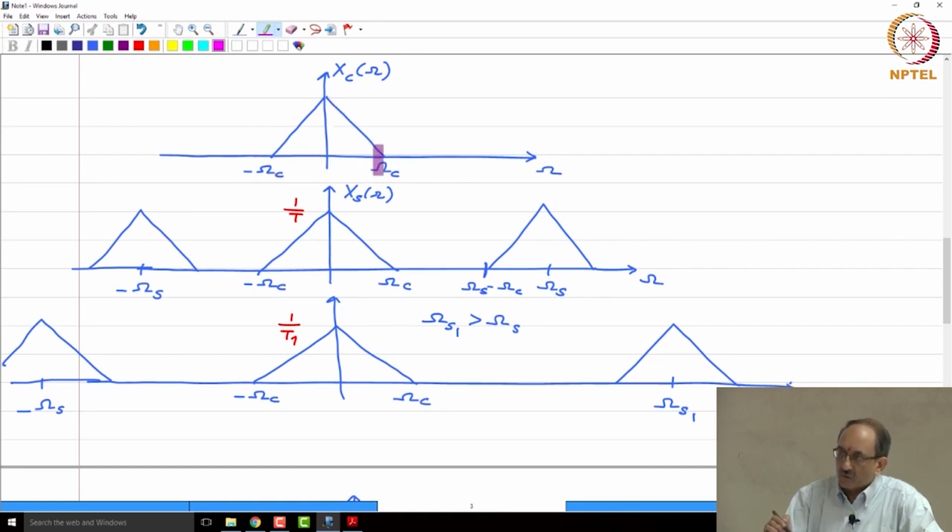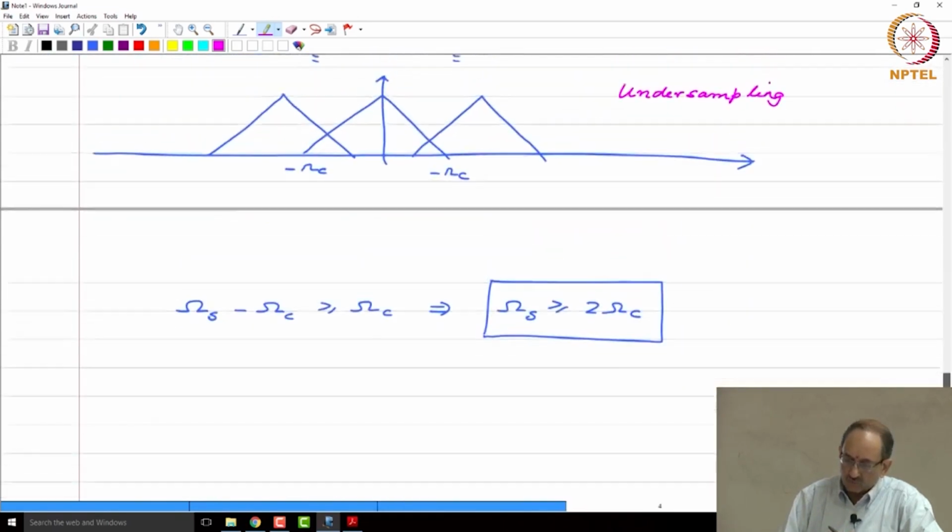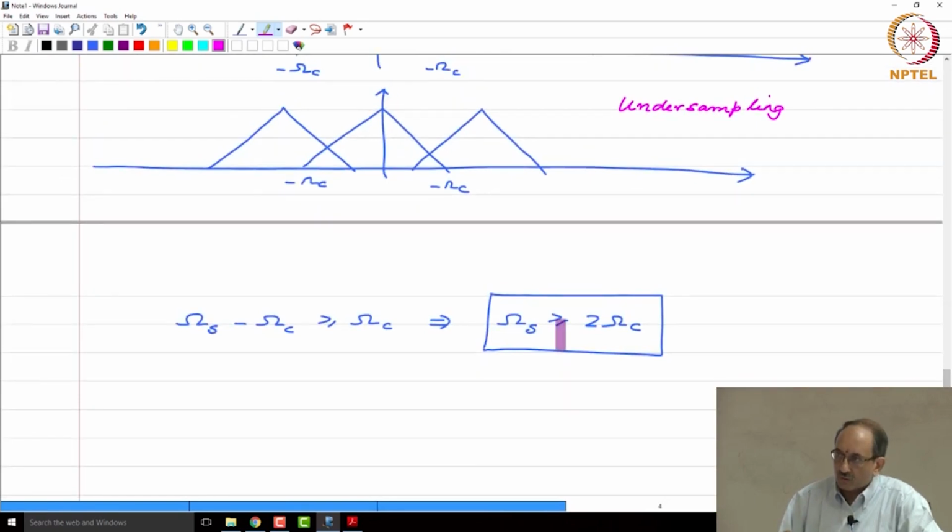So, assuming you have a band limited signal, and as I had mentioned earlier, this signal is low pass. So, what we are actually discussing is the low pass sampling theorem. You should be aware that there is also a corresponding band pass sampling theorem, which we are not going to look at. So, for the low pass case, the signal is assumed to be band limited, and in such cases, if you do not want overlap, this is what has to be satisfied.